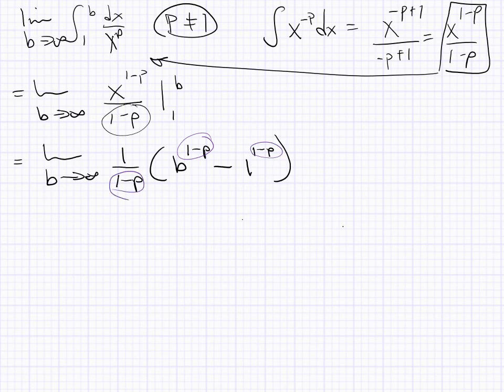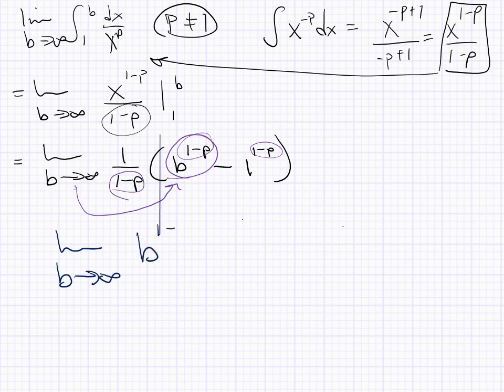All right. So now we've got to take the limit as b goes to infinity. The only b component to this whole thing is sitting right here. So when I look at the limit as b goes to infinity of b to the 1 minus p, and all I know is that p doesn't equal 1, I've got to figure out what this is.